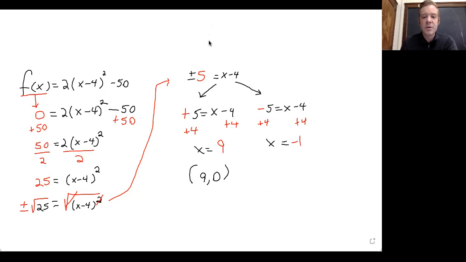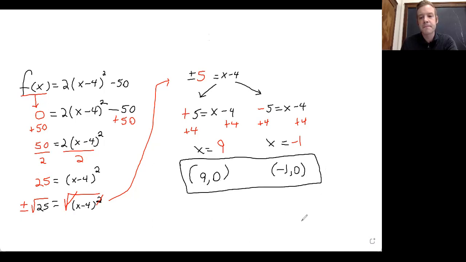So this will be the equivalent of (negative 1, 0) for my x-intercept. And that's it. That's all we need to do for this problem because we have both of our x-intercepts here.